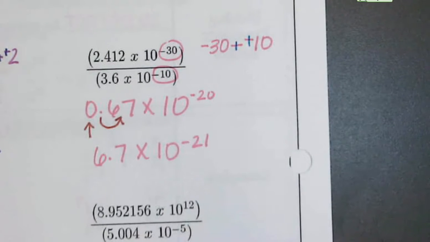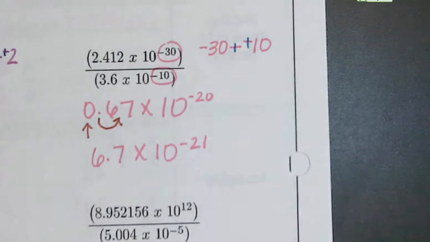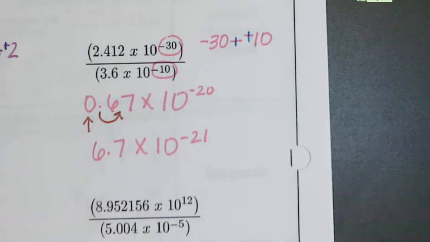All right, so on this one, I have 3.196 divided by 9.4. I get the answer of 0.34. Time to get my exponent, it's going to be 10 to the 8th, because 5 minus a negative 3 is 8. I very quickly see that my final answer is not in scientific notation.